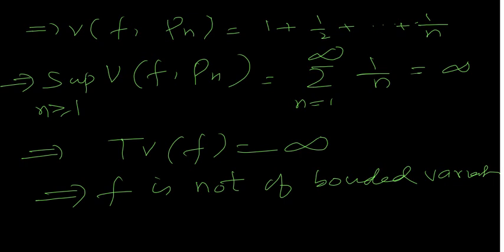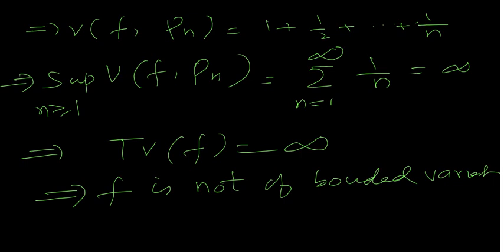But you have assumed that the supremum is a finite number c, which is a contradiction. You are taking the supremum of a set, and that set depends on the partition Pn. If you vary the partition Pn, say P1, P2, P3, you will get different variations.